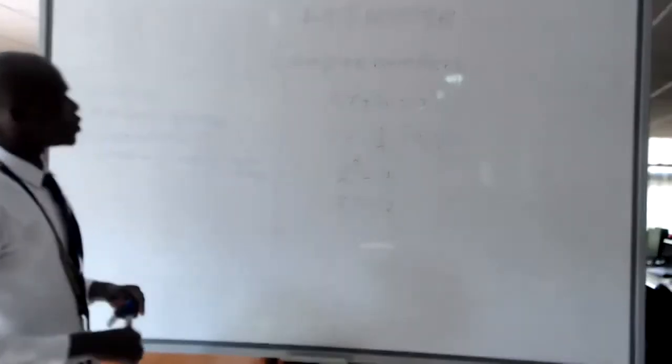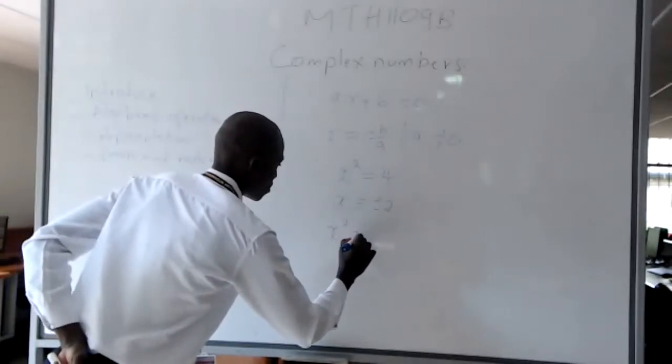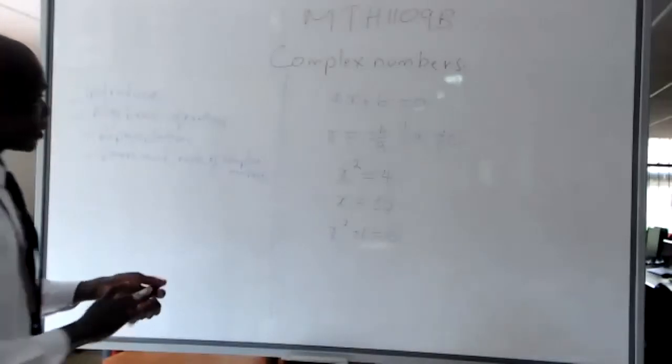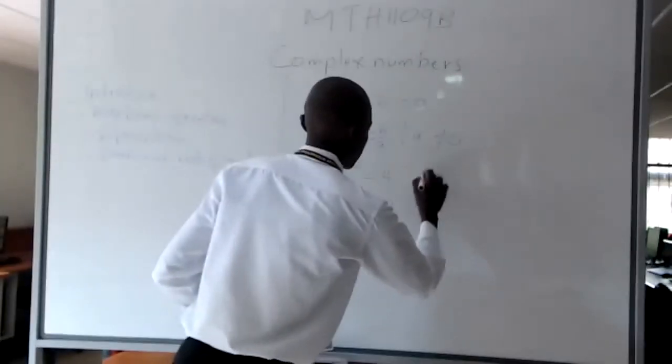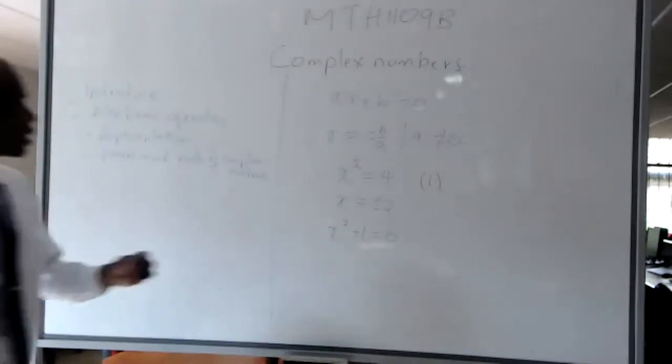But there are some equations, for example, x squared plus 1 is equal to 0. So let me call this equation 1. Does equation 1 have a real root? In fact, how many roots should it have?